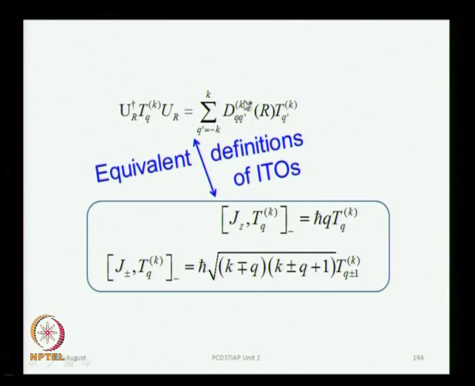So, this will be our guideline. This is the basic definition of the irreducible tensor operator, and this is completely equivalent to these commutation relations. So, you can define the irreducible tensor operator family by this relation at the top, or equivalently by these commutation relations, the commutation with the generators of angular momentum.